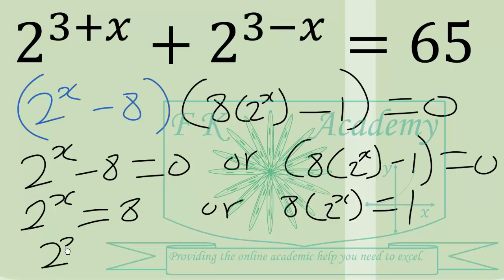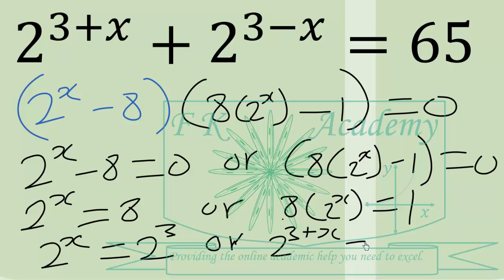So 2^x will be equal to 2^3 here. Or we have 2^3, which is the 8, times 2^x, which is 2^(3+x), is equal to 1, which is the same as 2^0. So we can equate the exponents now because the bases are the same.